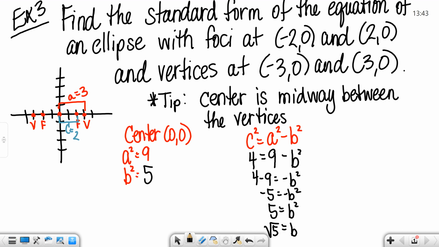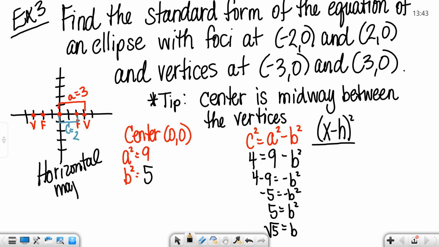Because in my equation, okay, remember that's what we're looking for, standard form. In my equation, I have x minus h squared. Okay, this one definitely has a horizontal major axis. Okay, it's important to know that because that's how I know which equation to use.